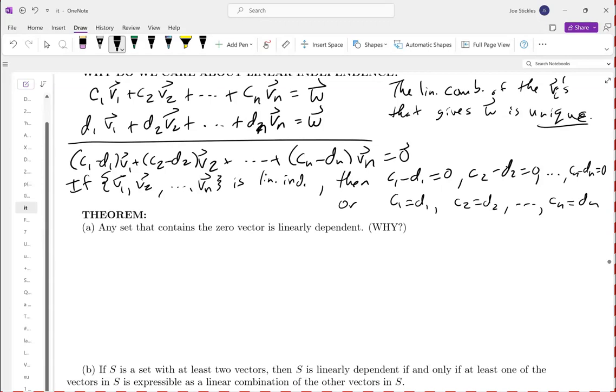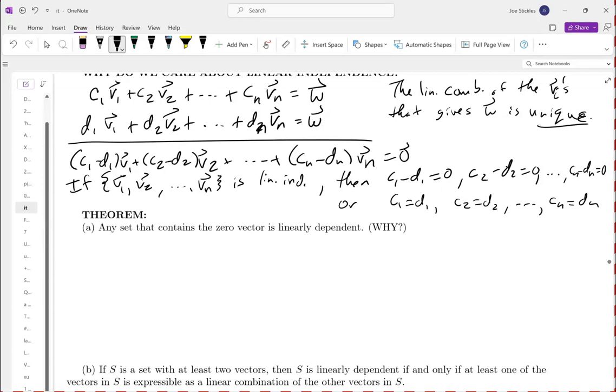So if we have a set that does both, we get both, unique and exist, right? When we have a set that does both, we get a way to express everything in the vector space uniquely in terms of the set of vectors. That's going to be a concept we'll talk about after break. Is that okay? So this is why we care about linear independence and why we care about span.